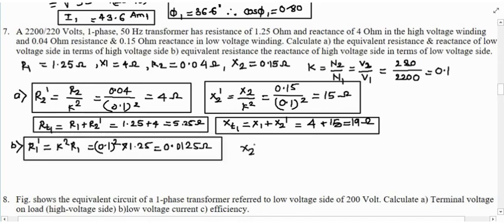Similarly, X1 dash equals K square into X1. So what is K? 0.1 whole square into 4. So you will get this as 0.04 ohm.